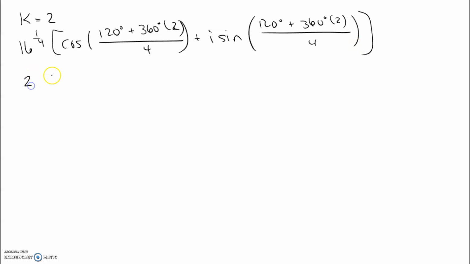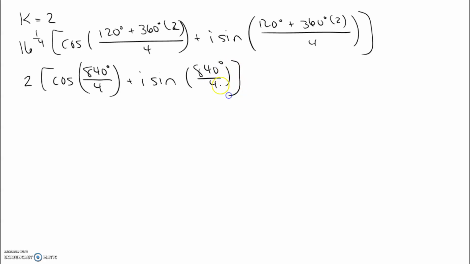So this is 2, and then cosine of 840 over 4 plus i sine of the same thing, 840 over 4. So this is 2 cosine of 210 plus i sine of 210.